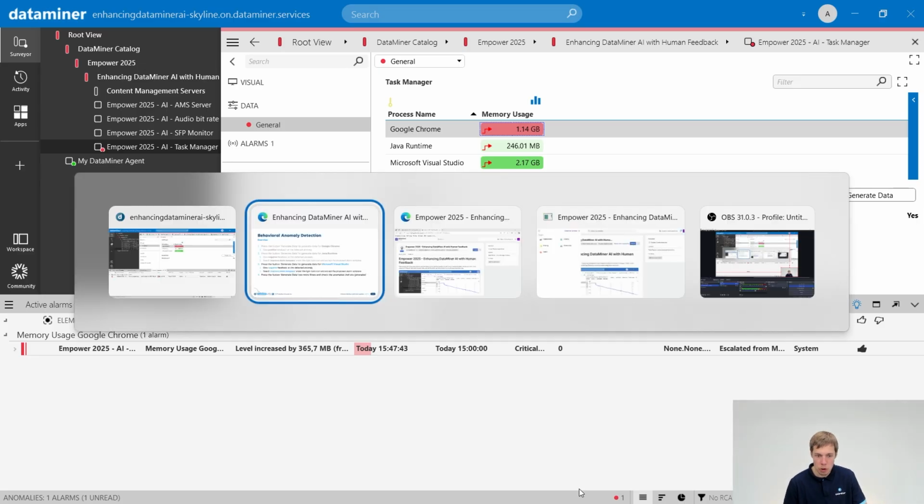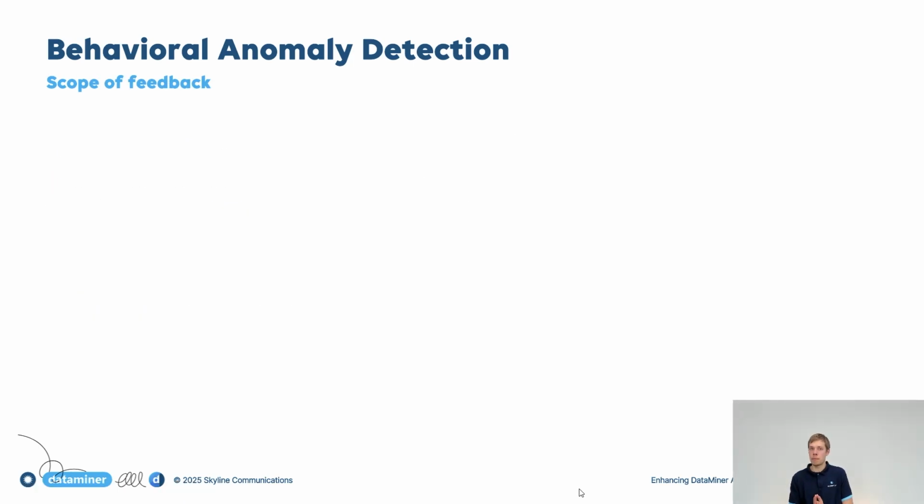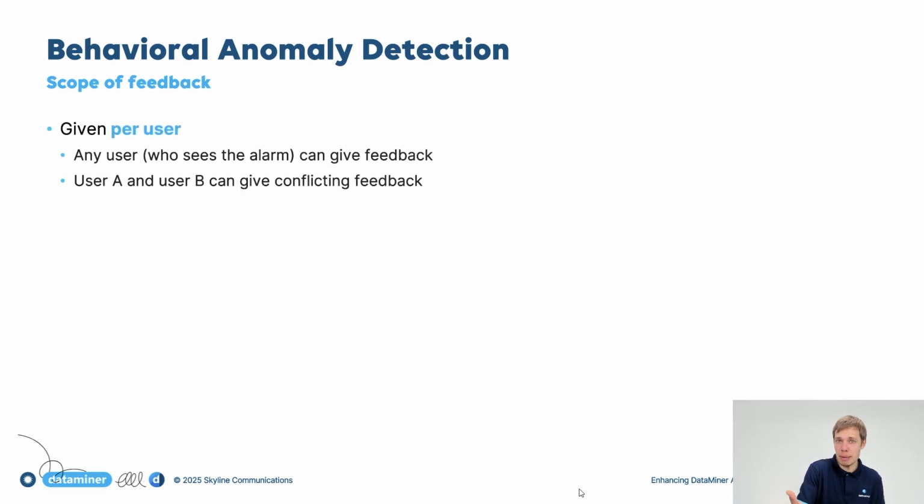Now, there is one more thing that I wanted to tell you, and that is about the scope of the feedback. If you have multiple users on your DataMiner system, then all of the users that can see the same alarm or the same suggestion event can give feedback on that suggestion event. So that means that if you are on the same system as me, you can give different feedback on the same suggestion event than I can give.